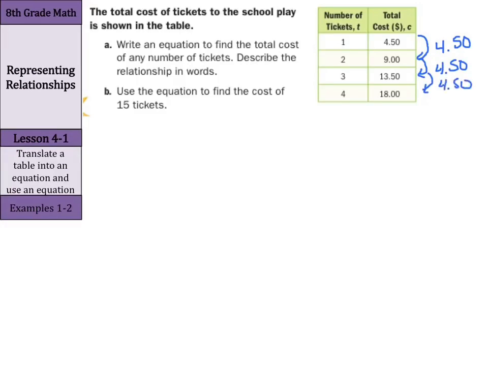So when I go to write my equation, let's look at our variables first. We have our cost, which we can say is going to be our C. And we have our tickets, which has been established as T. And so we're looking to find the cost. So C is going to equal, well, what are we paying per ticket but $4.50?